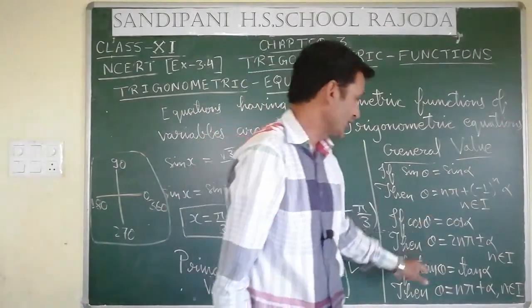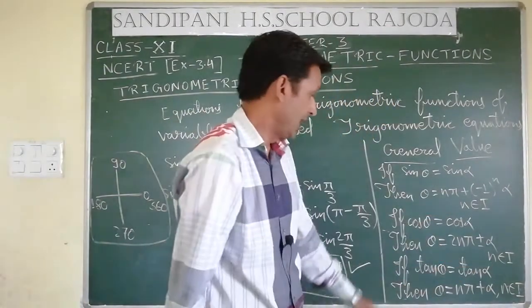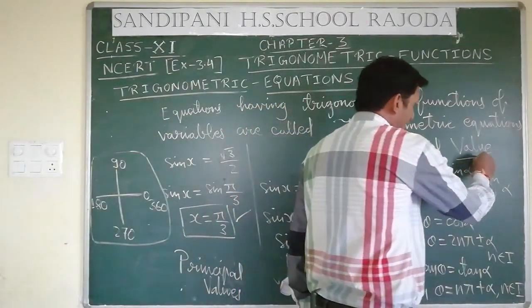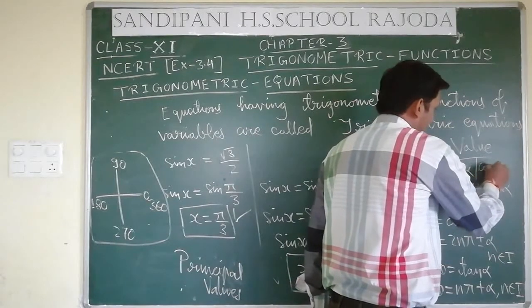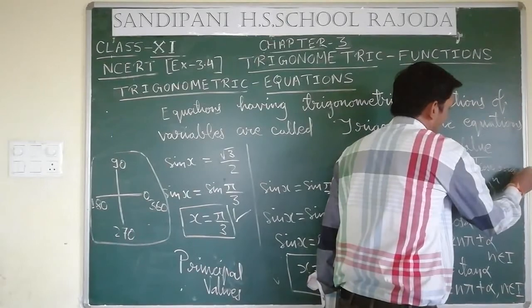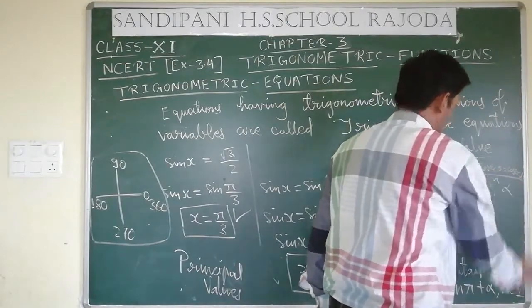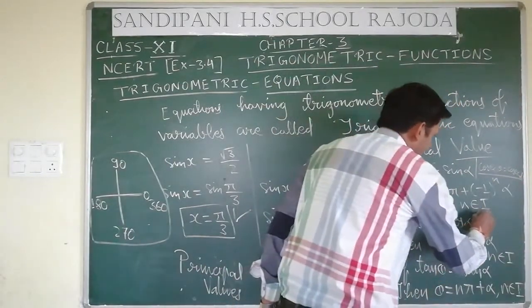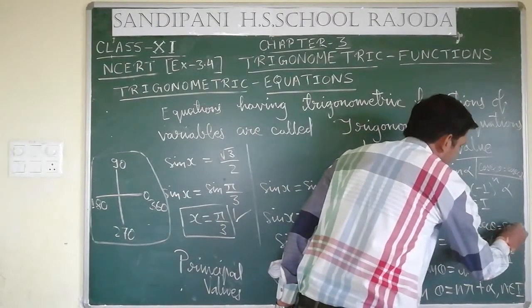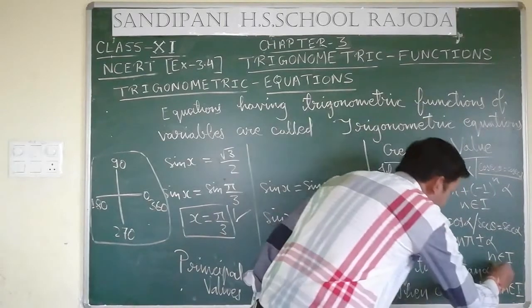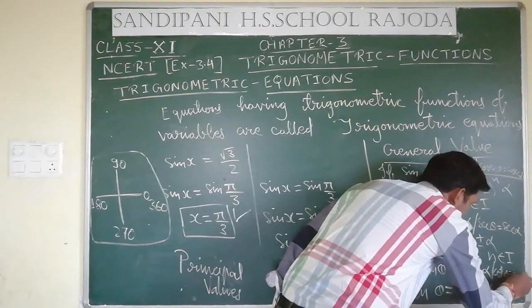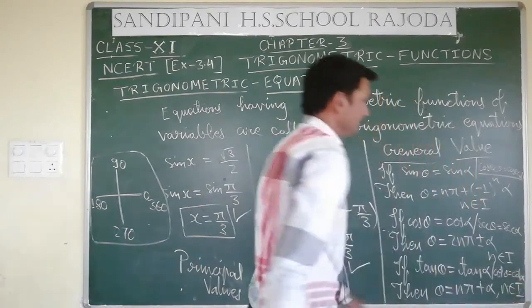If cos theta is equal to cos alpha, this one will be applicable. And for tan theta is equal to tan alpha, this one will be applicable. It is also applicable for the reciprocals: cosec theta is equal to cosec alpha, sec theta is equal to sec alpha, and cot theta is equal to cot alpha, because cot is the reciprocal of tan.